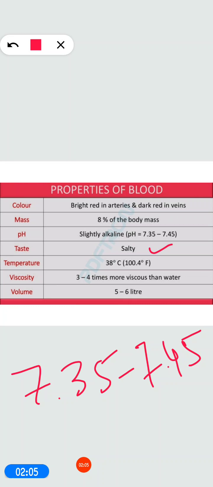Temperature is 38 degrees Celsius, that is 100.4 degrees Fahrenheit, and the viscosity is 3 to 4 times more viscous than water, and the volume is 5 to 6 liters.